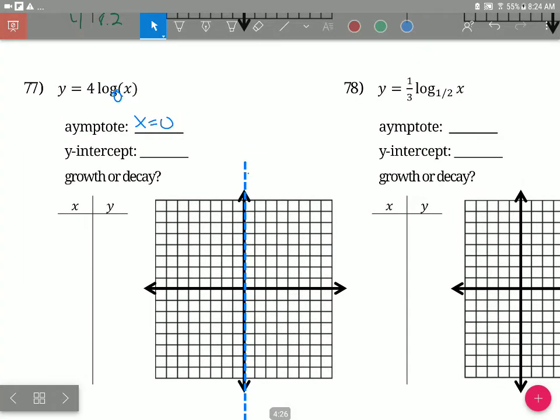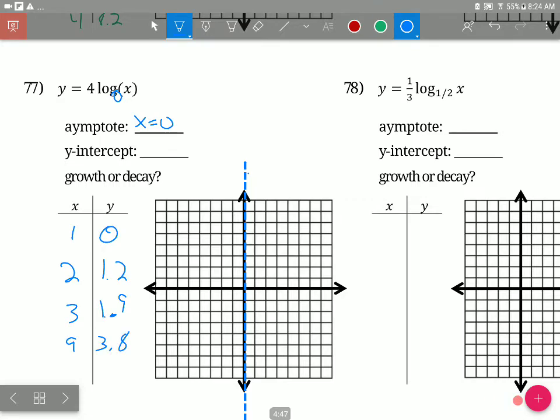So let's go back to the table. That's where you got all those errors, but then you got 1, 0; 2, 1.2; 3, 1.9. Let's skip down a little bit. Let's do 9, 3.8.